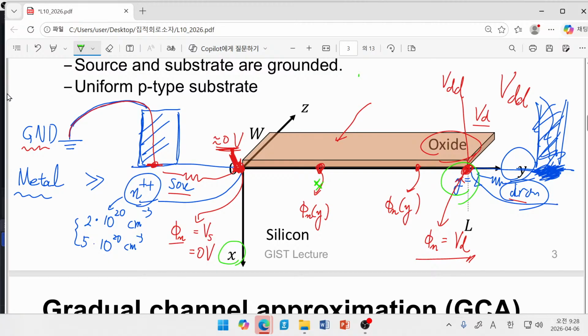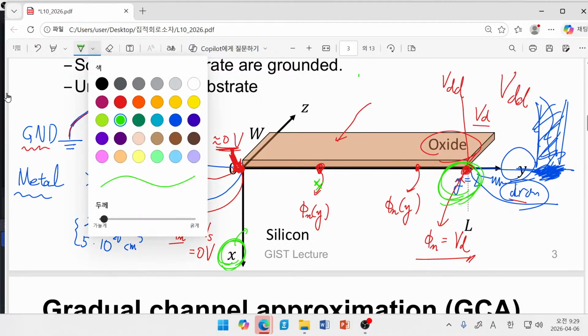What is x? X is the vertical one, the direction for confining electrons or getting more or less electrons. This one is the most important one. And now we have the next important one, y, which allows current conduction. So let me just come back to our question once again.